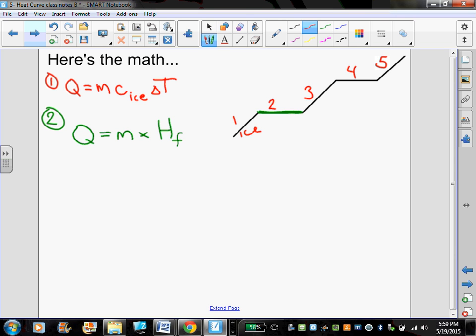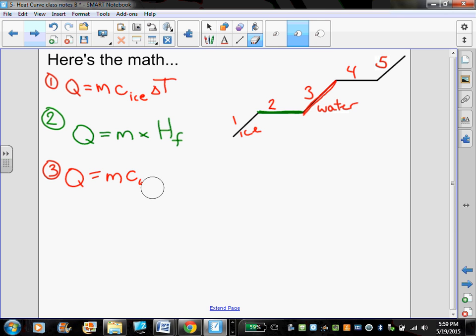Now that we're in stage 3, we're going back to an area that has a temperature change. And since we have a temperature change, we can go back to our good old friend Q is equal to mc delta T. And this time I'm not going to use the specific heat of ice because now I'm in my water phase. So I'm going to use the specific heat of, actually I'm going to be more specific. Instead of just saying water, I'm going to say liquid water.